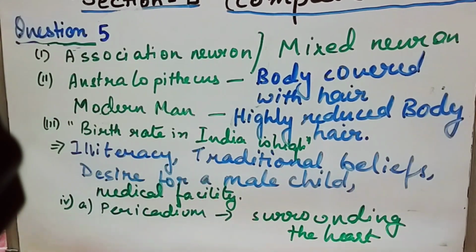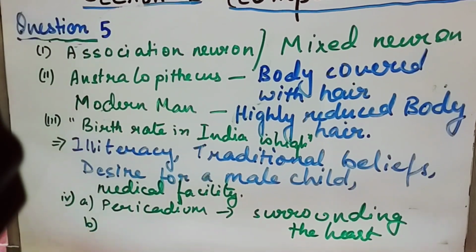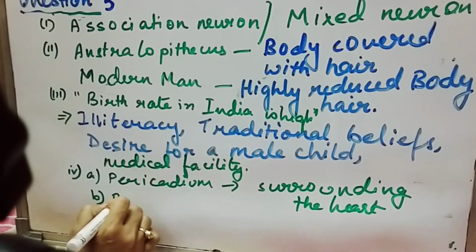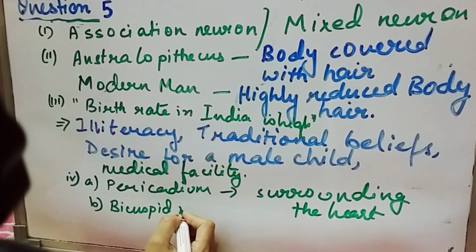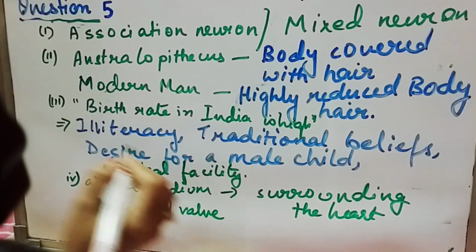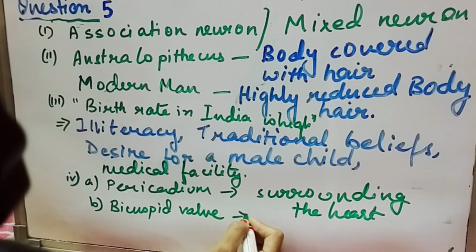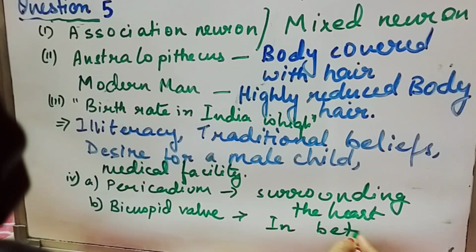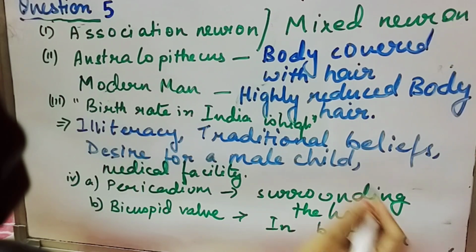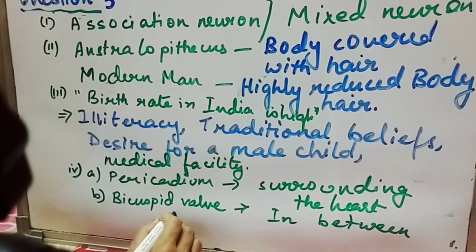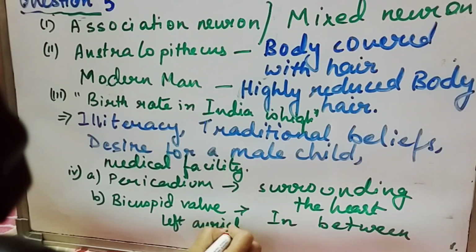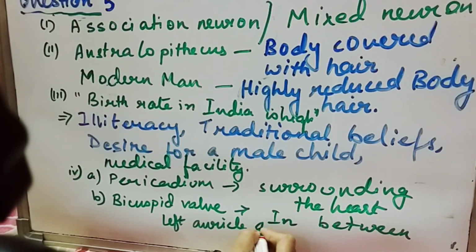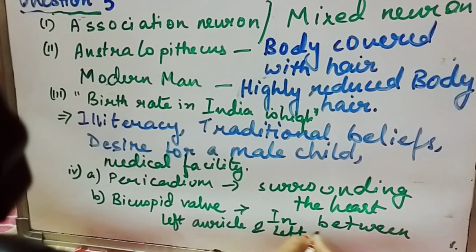Next one, bicuspid valve. Present in between left auricle and left ventricle.